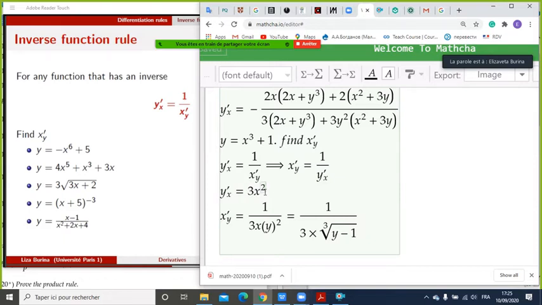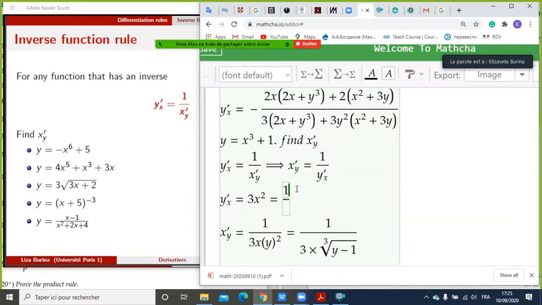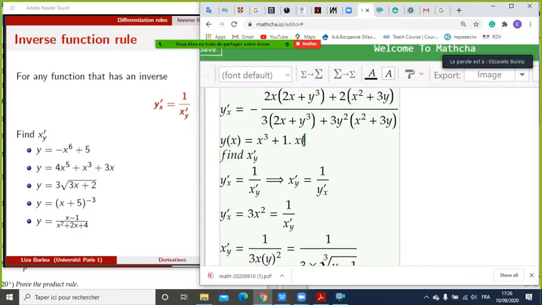But this is equal to 1 over x prime y. So this is just the derivative that I took from this function, not expressing anything in terms of the other way around. So this is the function y of x, okay? This is the function y of x. X of y will be its inverse.